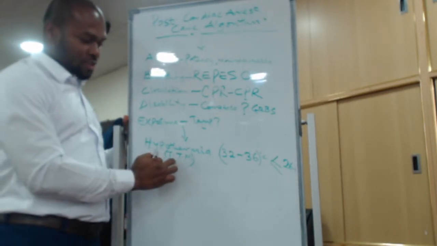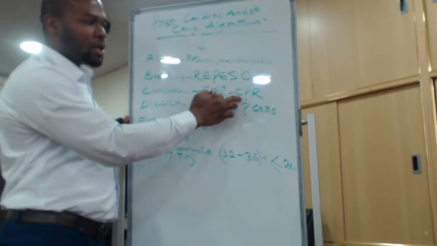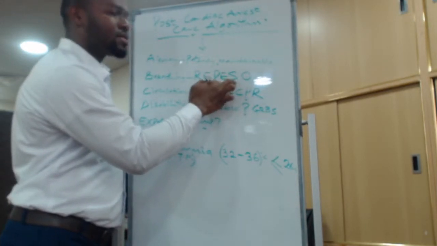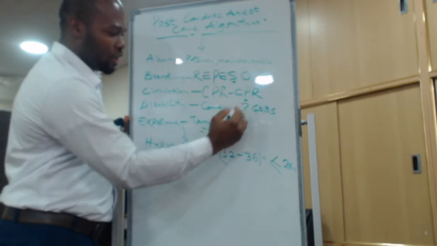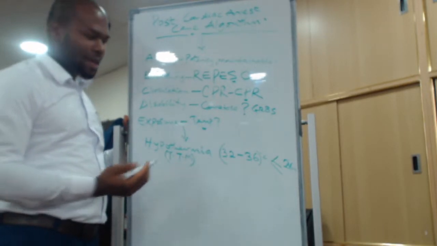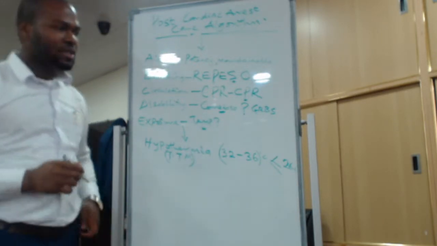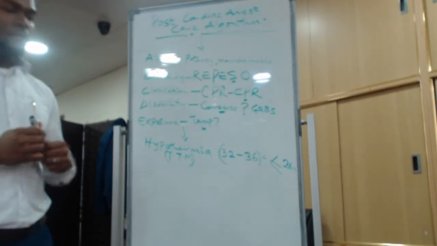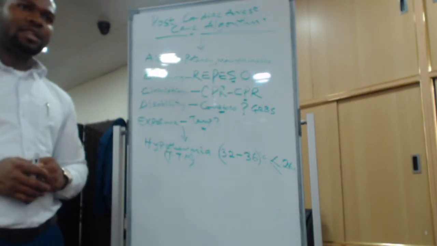To induce this, you need the temperature, you need the blood pressure, and you need the breath sounds. Sounds, pressure, temperature. And you also need the level of consciousness. These are the 4 parameters you need to check before you start your patient on targeted temperature management.